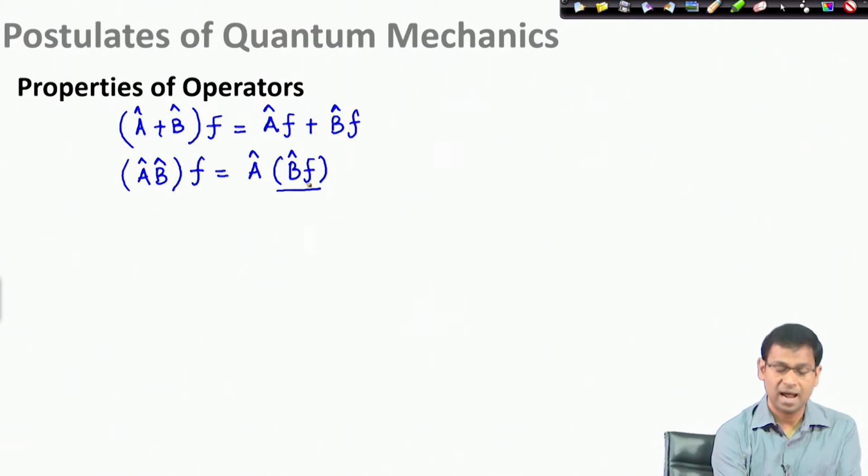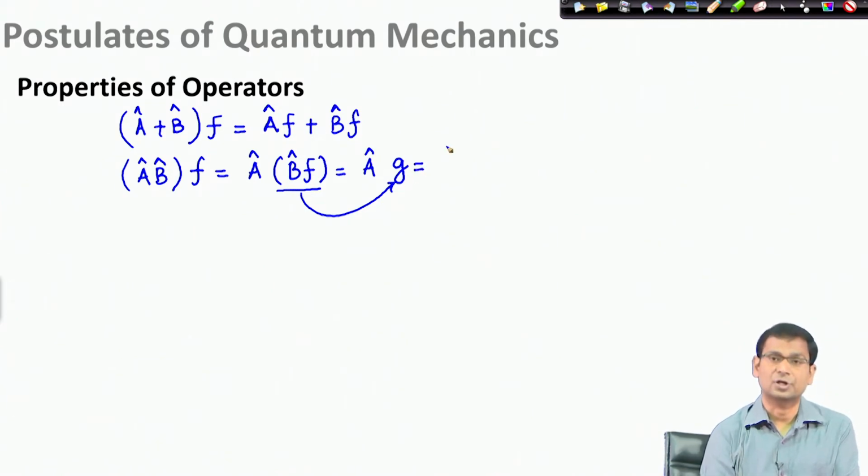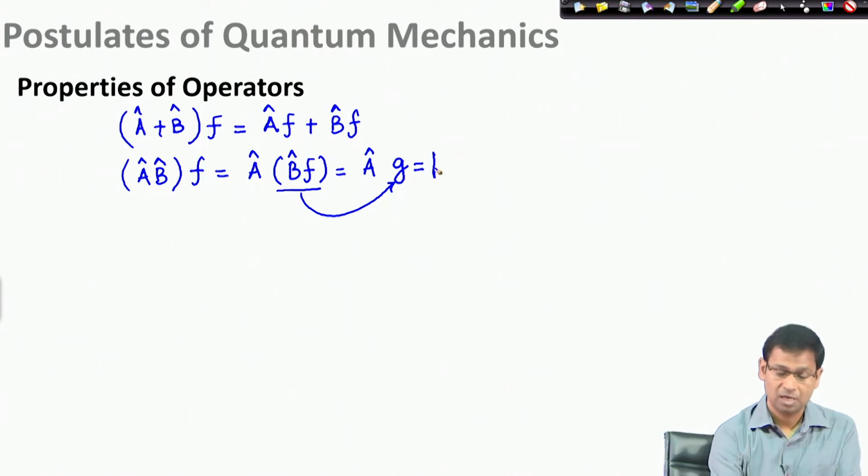When operator B acts on the function f, I may get a function, I am calling it g, and now this function g will be acted upon by operator A, and then again it may give me another function h. So, this is the product rule, and that was the sum rule.